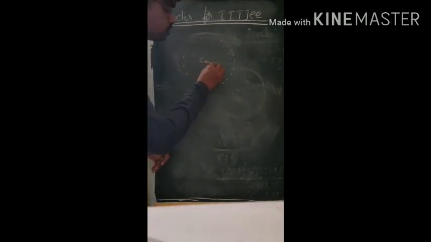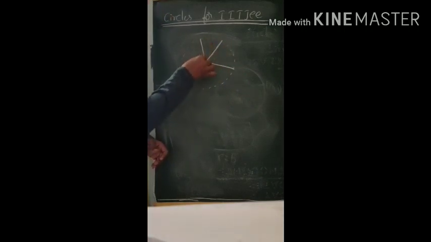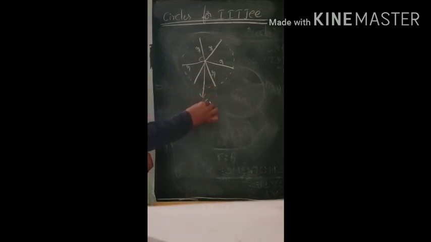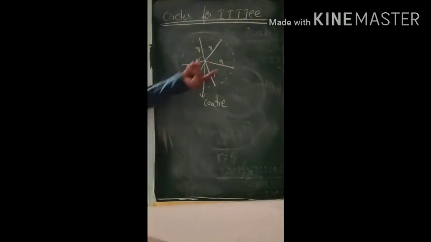So this equidistance we call the radius of the circle, and this given point we call the center of the circle. That equidistance we call the radius of the circle.